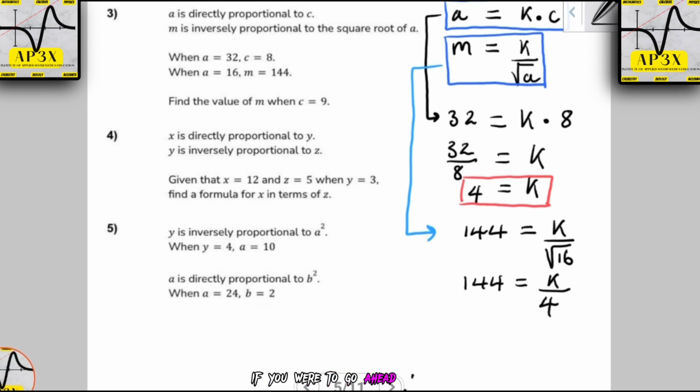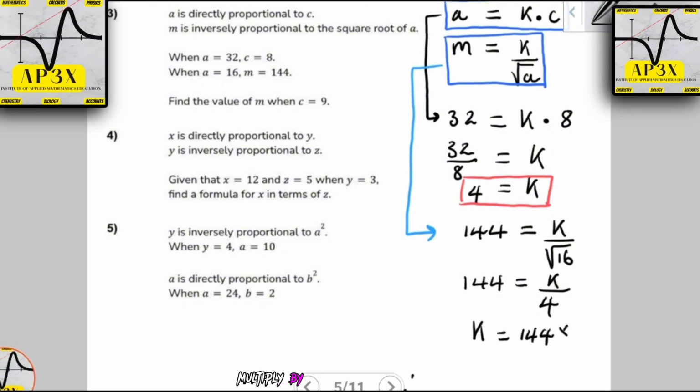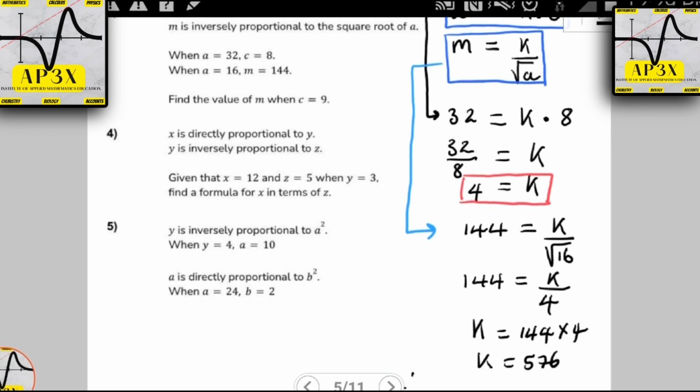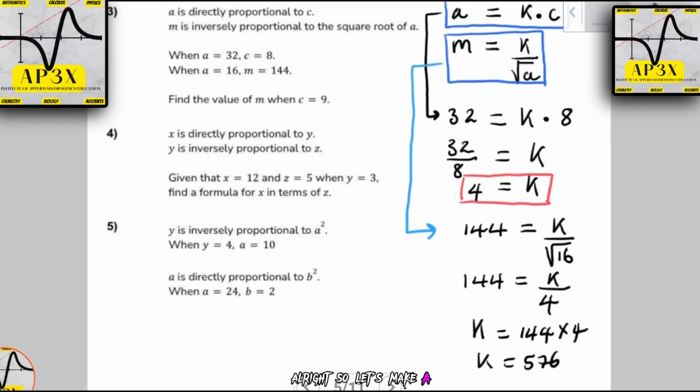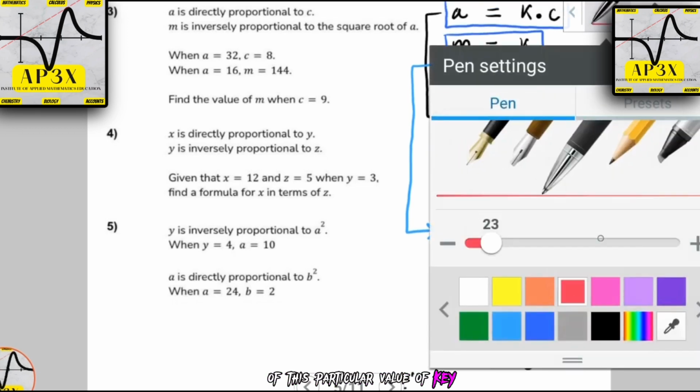If you were to go ahead then and multiply 144 by 4, we're going to find here that K is equal to 576. So K in this case here is 576. Alright, so let's make a note of this particular value of K here.